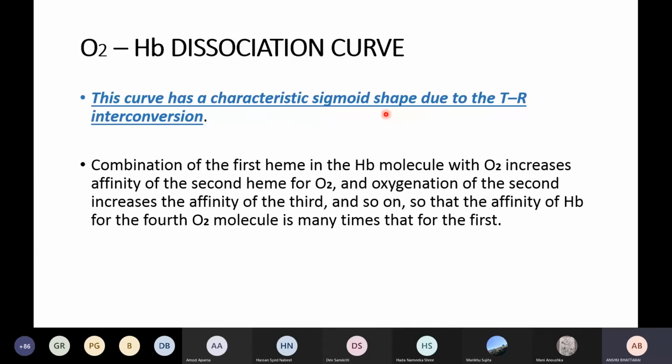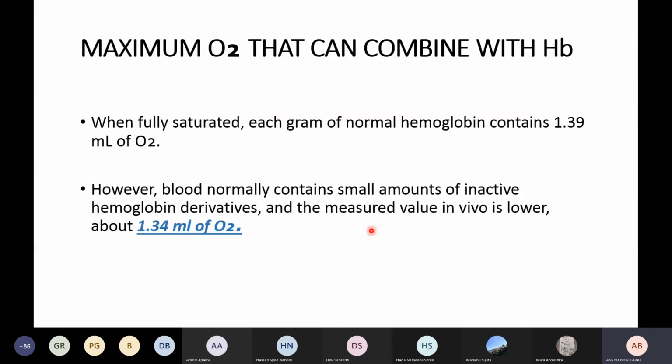So combination of the first heme in the hemoglobin molecule with oxygen increases the affinity of the second heme, and oxygenation of the second heme increases the affinity of the third, and so on. So the affinity of hemoglobin for the fourth oxygen molecule is many times that of the first. Okay, so this is about the oxygen hemoglobin dissociation curve.